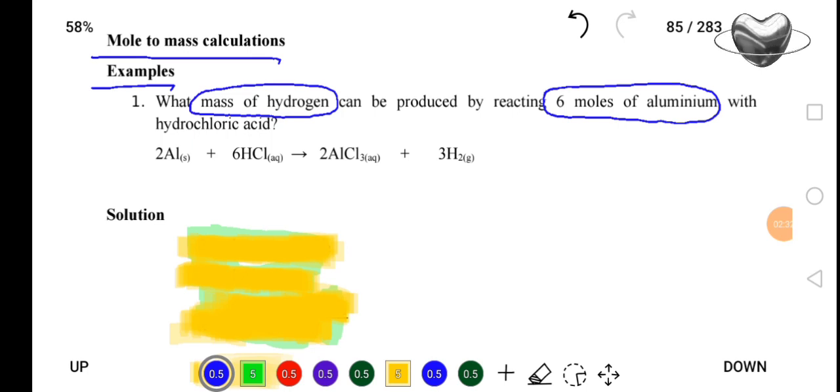In this question, we cannot use hydrochloric acid because we don't know the number of moles. So we are going to use what we have to get what we want. The quantity we have in this question is 6 moles of aluminium. So we are going to underline where we have aluminium and where we have hydrogen.